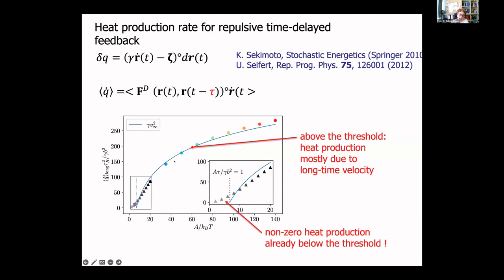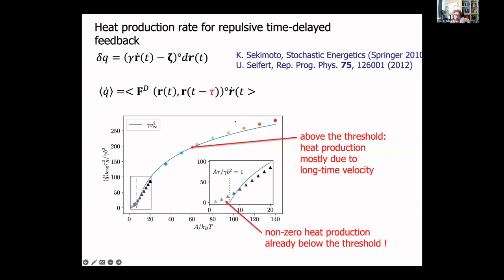If, on the other hand, we go to large feedback strengths, then you see that the numerical data are well described by the solid line. The solid line is nothing else than the heat production in a system driven by a constant force, or a particle moving with a constant velocity.